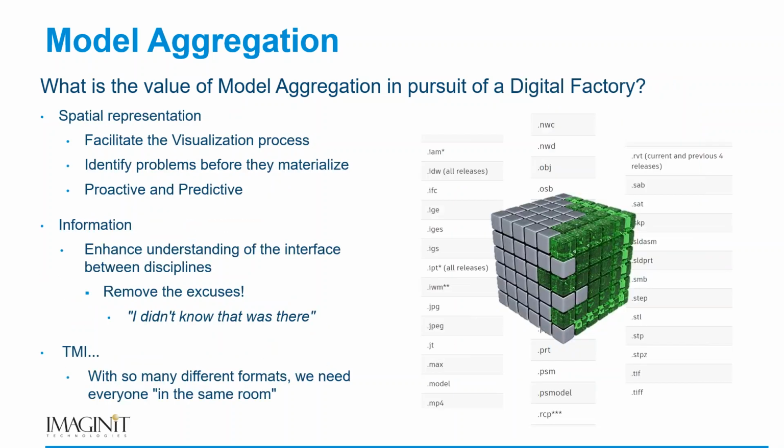What are some of the additional benefits, as we referred to, of spatial coordination and spatial representation? We want to make sure that as we're working, visualization is as easy as possible, and that's what these 3D and model-based environments afford us.